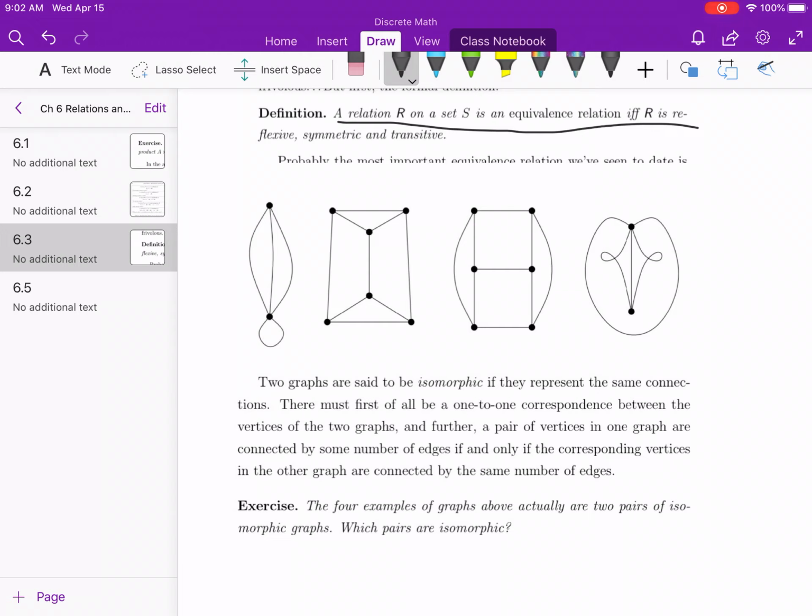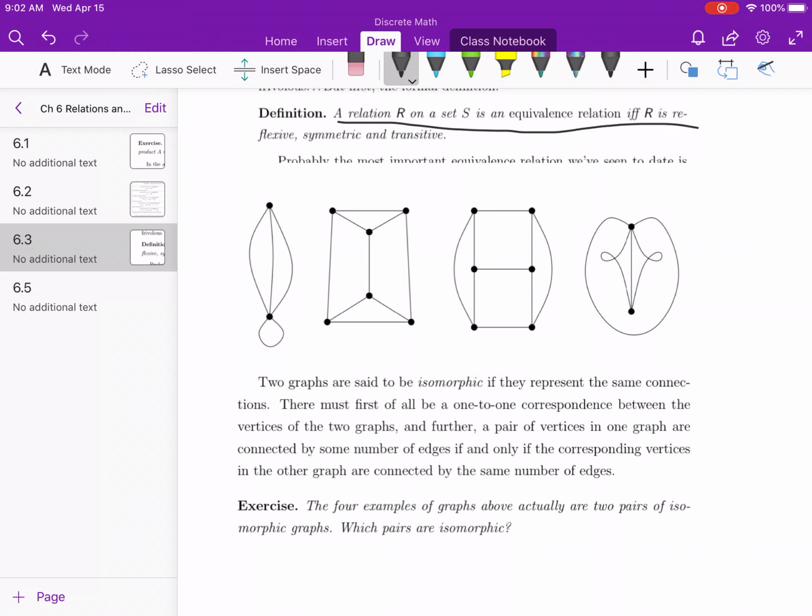They give an example, but I'd like to go a little bit further with that, and we can actually show that the relation equivalent mod some number, we'll call it n, is actually an equivalence relation.